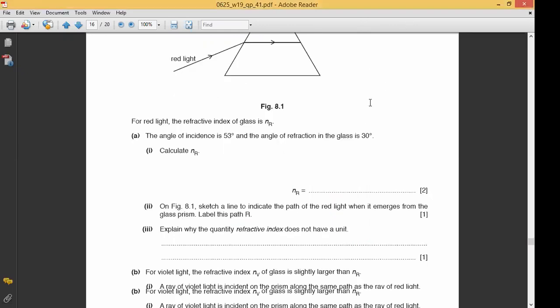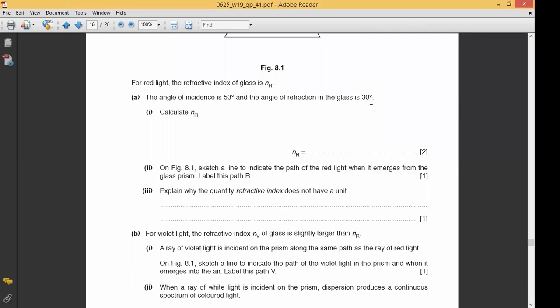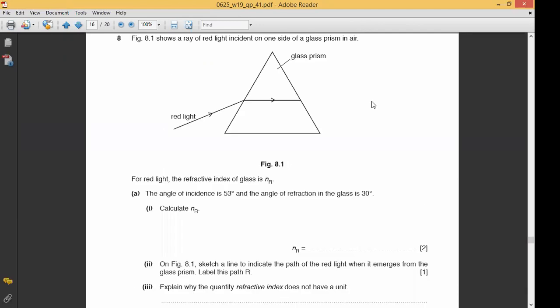So the next thing is sketch a line to indicate the path of the red light when it emerges from the glass prism.